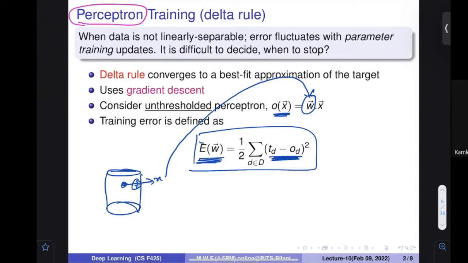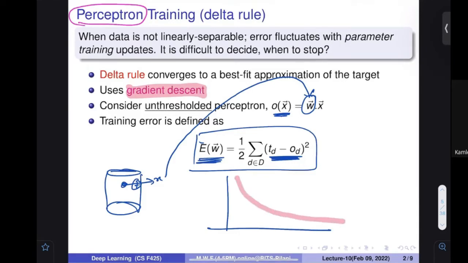When you define the function in this particular way, your error is going to be a continuous function. And if you apply gradient descent on this formula, every time your error is going to reduce.